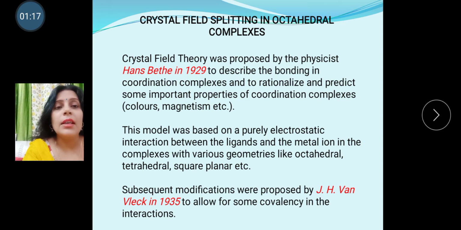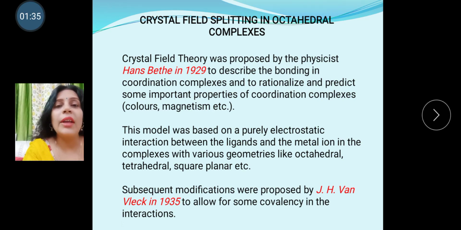We can say that the ligands, either dipolar molecules, neutral ligands or negative ligands, interact with the metal ions which are positively charged.